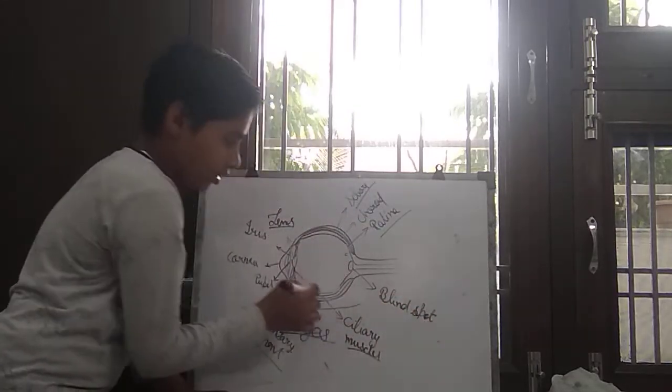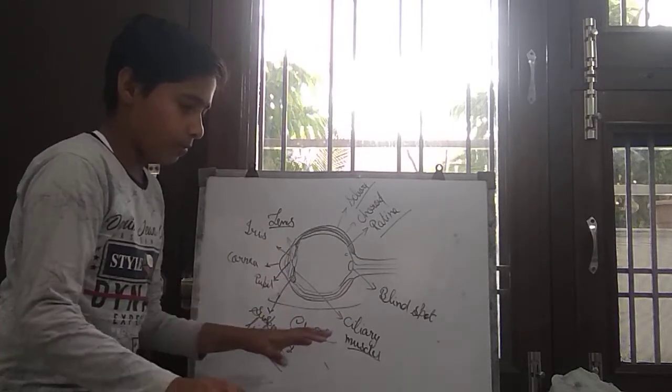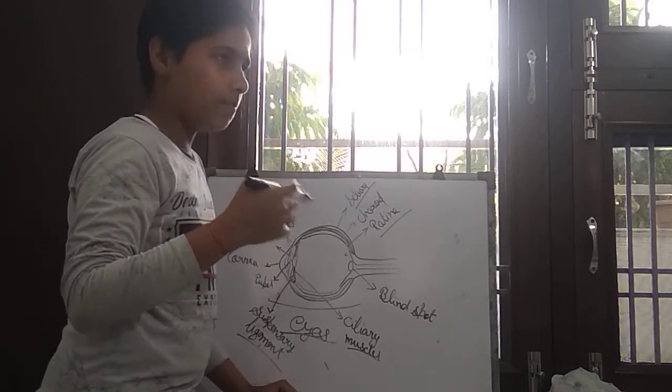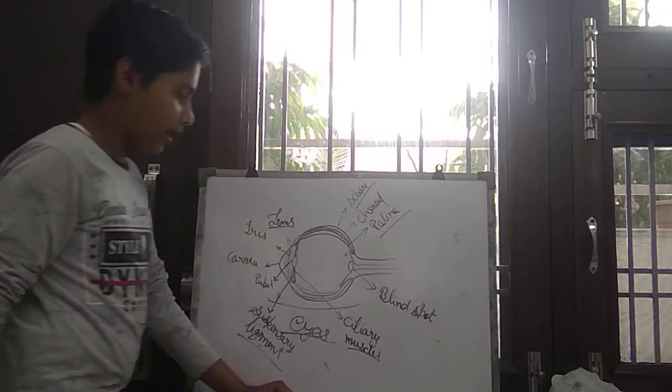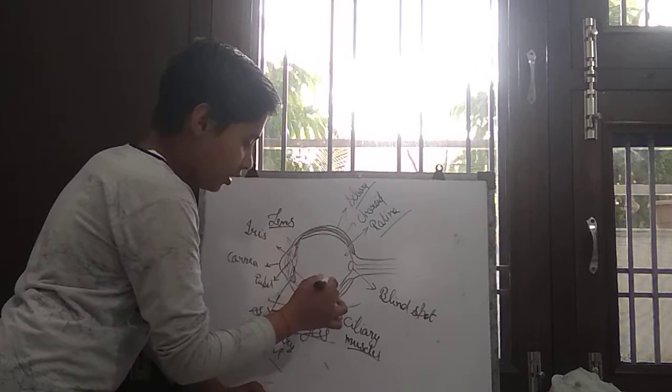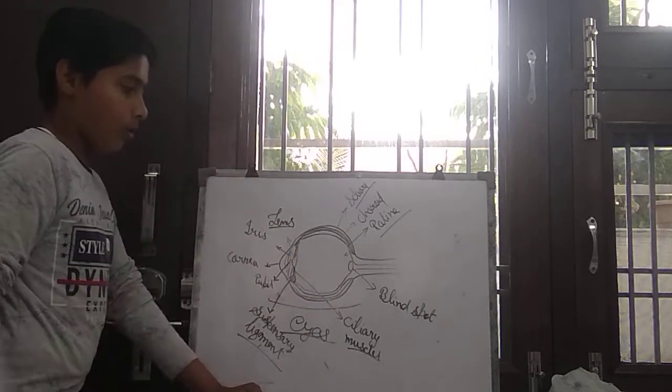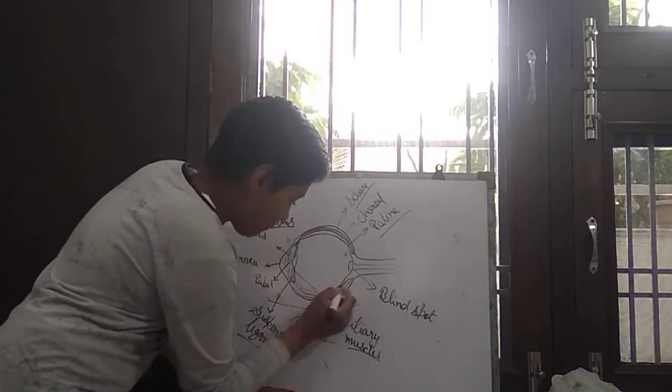It is a place inside the eye where no image forms. By this the blood enters into the eye, and in all the remaining parts, the image forms on the retina.